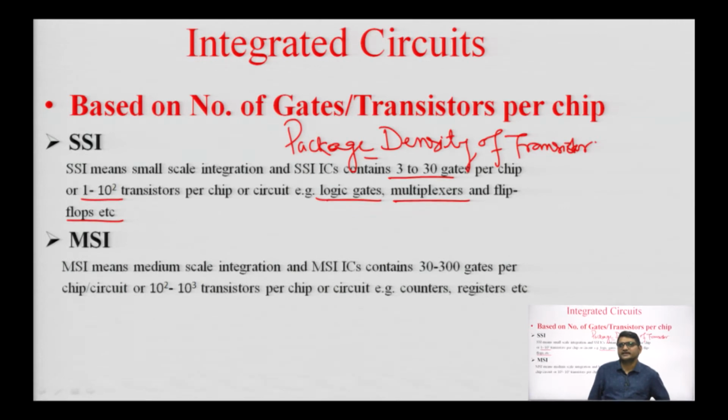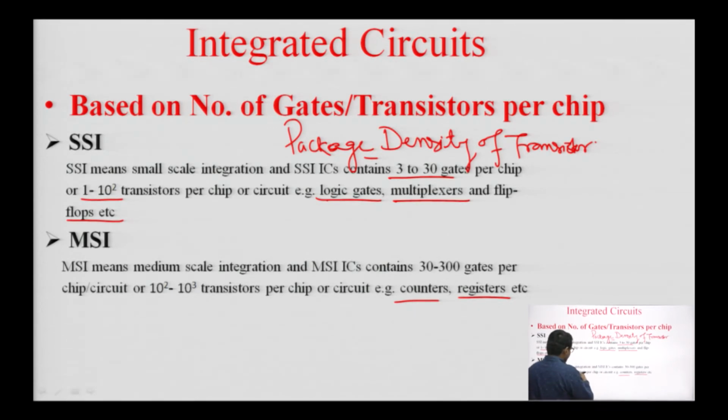MSI means medium scale integration, and an MSI circuit contains 30 to 300 gates per chip, or 100 to 1000 transistors per chip.